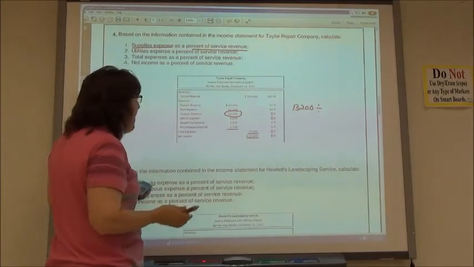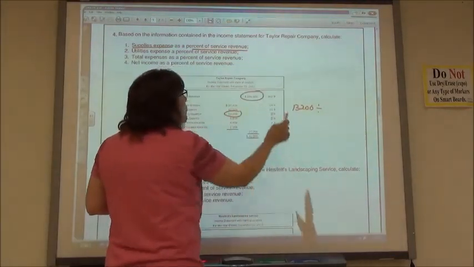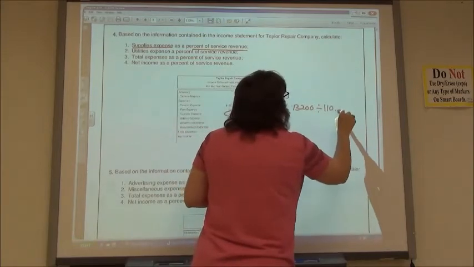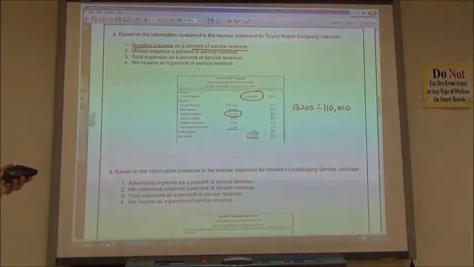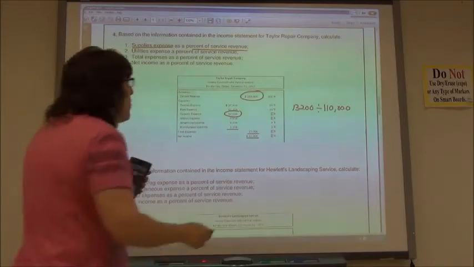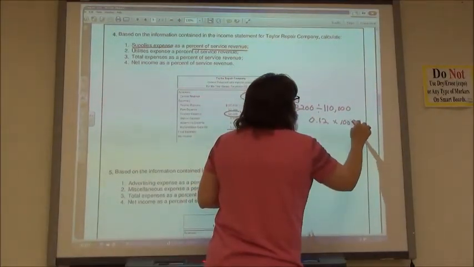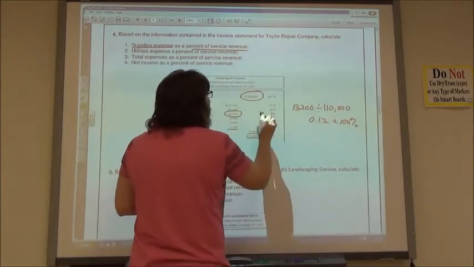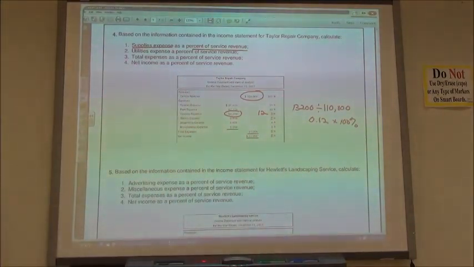So I'm going to divide that by the service revenue. The service revenue is this one up here, 110,000. So if I take my 13,200, I divide it by my 110,000, I get 0.12. I have to take it times 100 to change it to a percent, so that would give me 12% for the supplies expense as a percent of the service revenue.